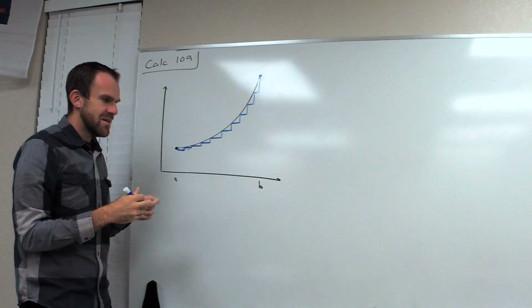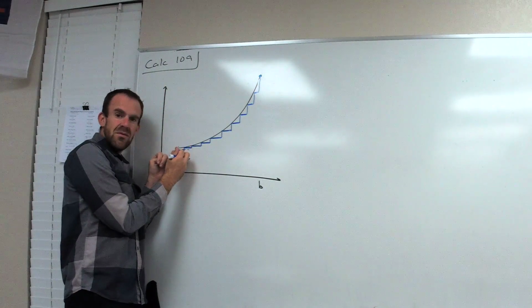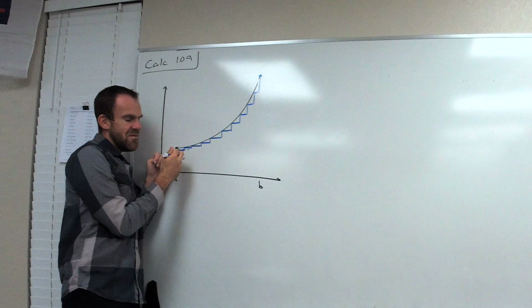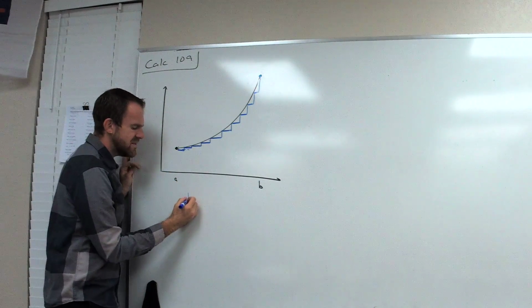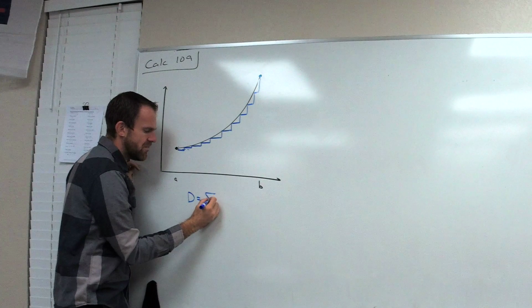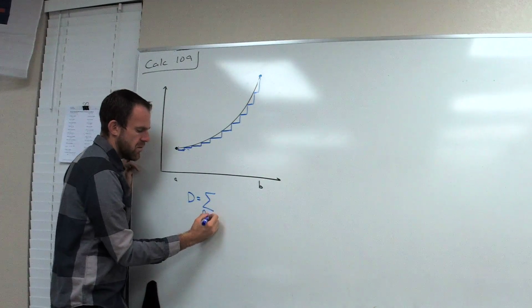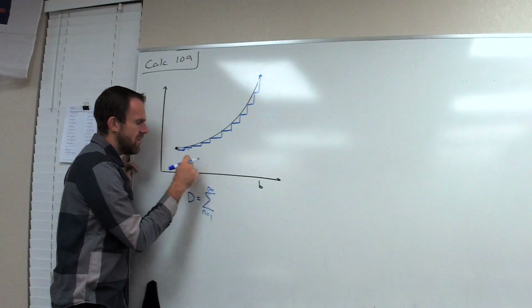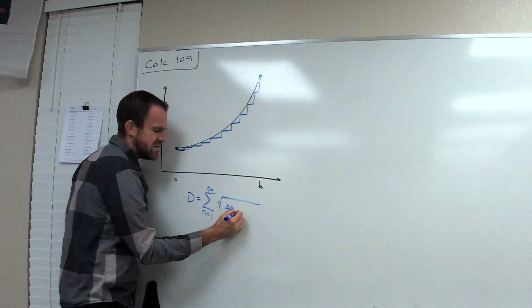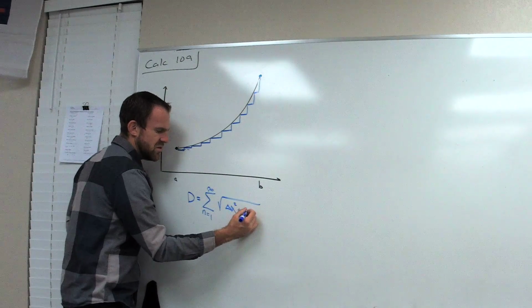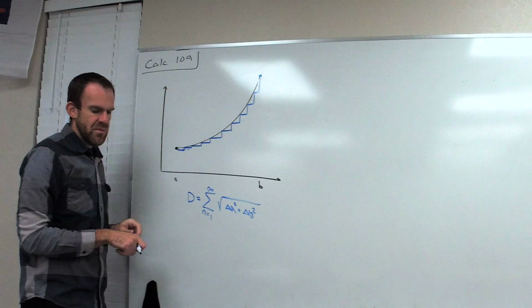And then obviously delta x goes as it gets infinitely small, and delta y infinitely small. So my distance should be the sum of all of these. So here's my distance equation, the square root of delta x squared plus delta y squared.